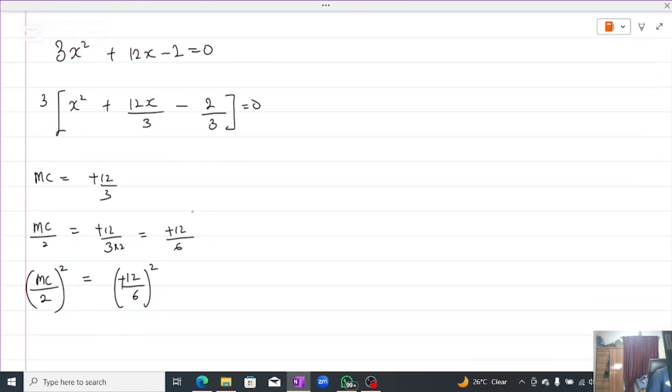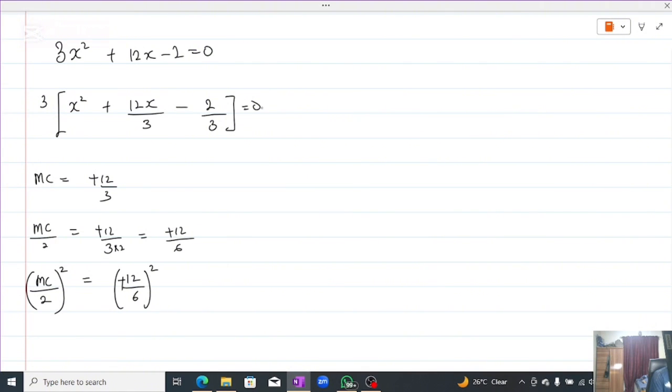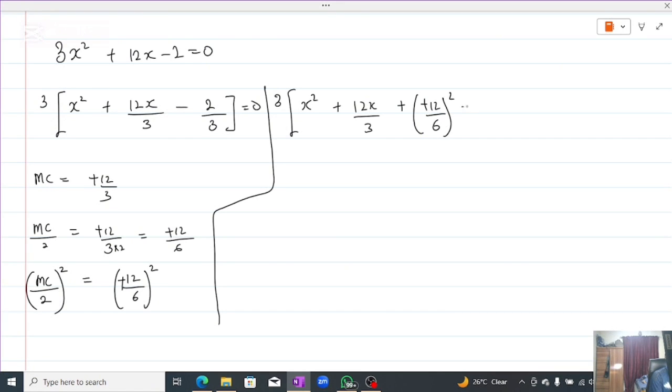Now, all you need to do is go and add and subtract. That will be 3 in a bracket of x square plus 12x over 3 plus 12 over 6 square minus plus 12 over 6 square minus 2 over 3 equal to 0. So what is the next thing? Now I can decide to separate this or rewrite it in this form for it to be very easy for me.